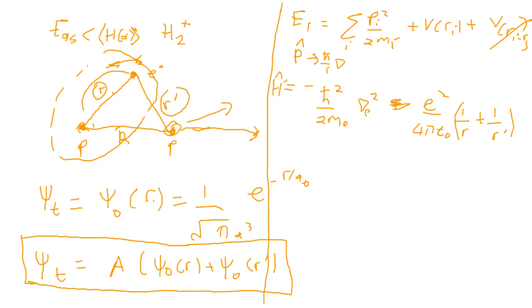So using this variational method, what is the first thing that we have to do? You always have to first determine the normalization constant. So let's go ahead and do that. Let's clear everything.